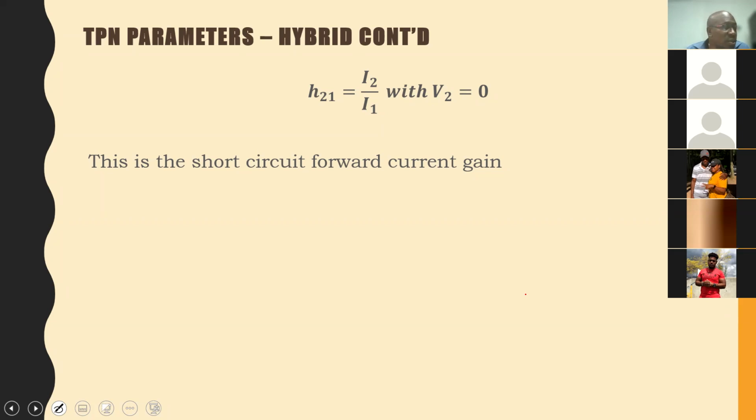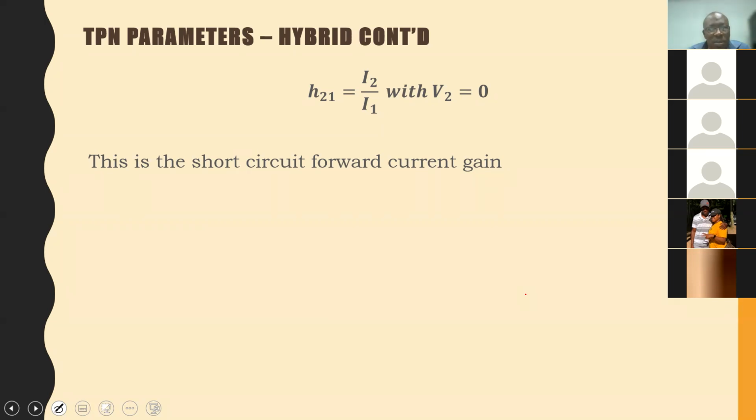Who wanna take on H22? Me, sir. All right, go ahead. In order to get H22, you'd have to make I1 equal 0, which is open circuit. So given that, the H22 formula would be I2 over V2.